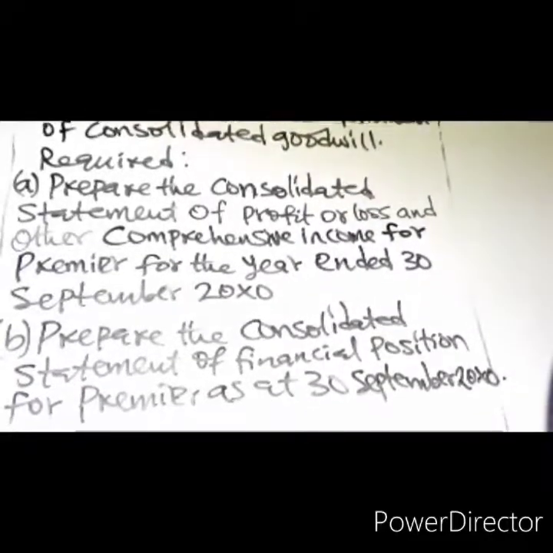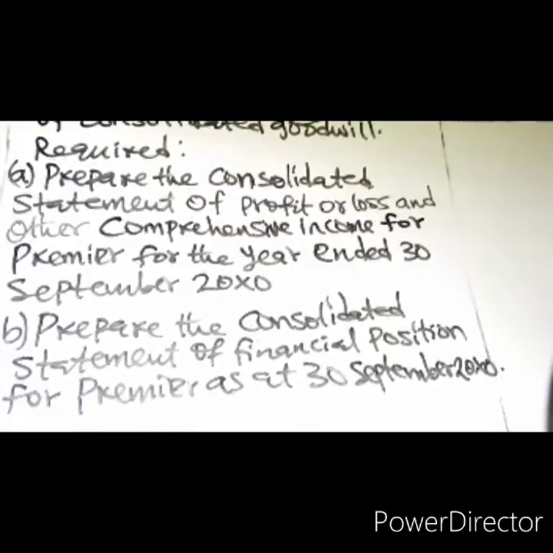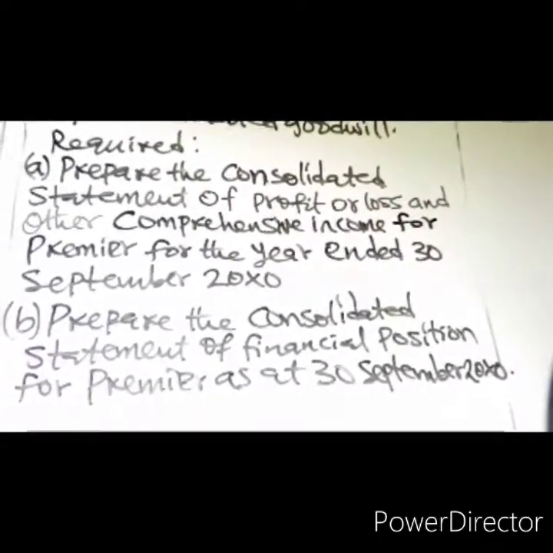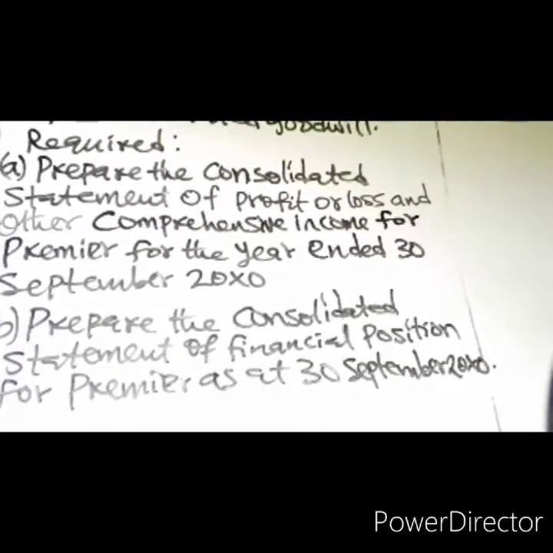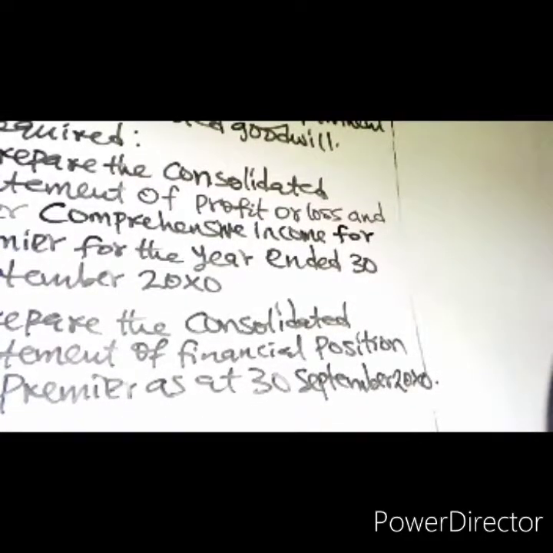B. Prepare the consolidated statement of financial position for Premier as at 30 September 2020. So that is the question. This question is obtained from Practice and Revision Kit by Kaplan, ACCA F7. Solution.